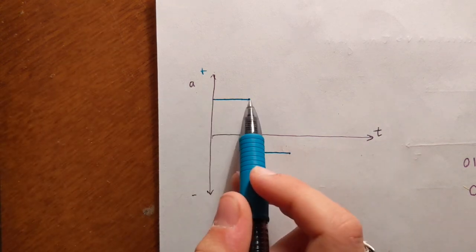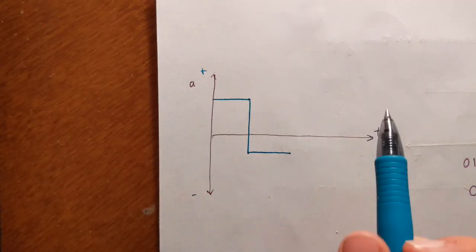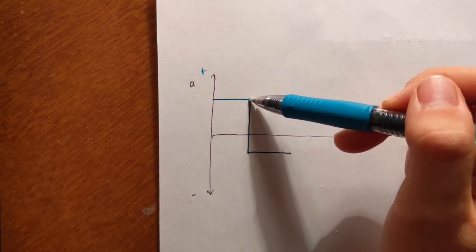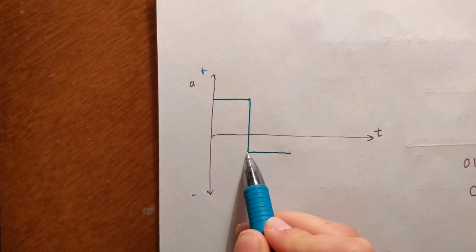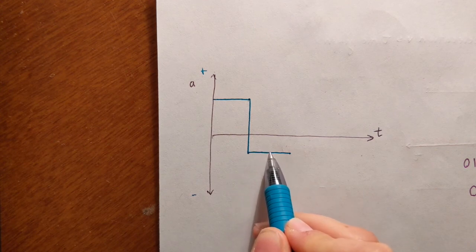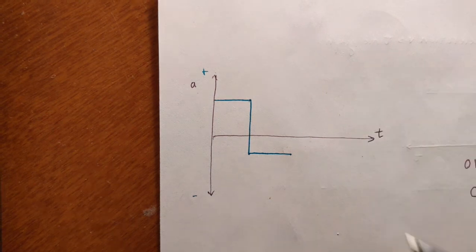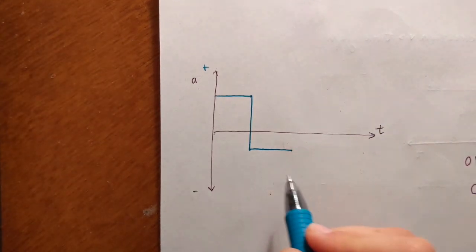So it has a positive acceleration, a flat horizontal line on the positive side of the graph. If that acceleration suddenly becomes negative, you draw a vertical line straight down to the negative side of the graph, and then again you're going to have a horizontal line for a negative acceleration. And so if acceleration's changing, it's just going to look like stair steps.